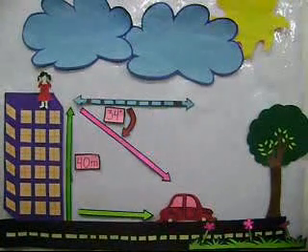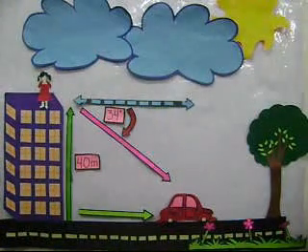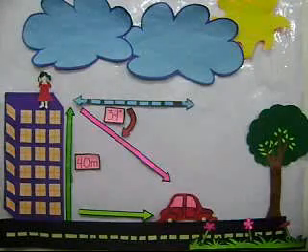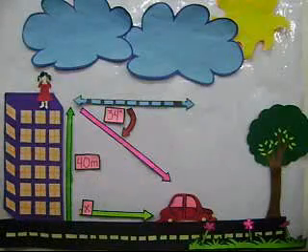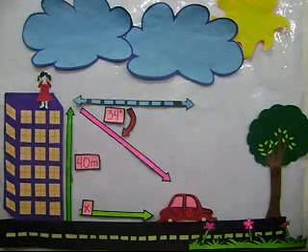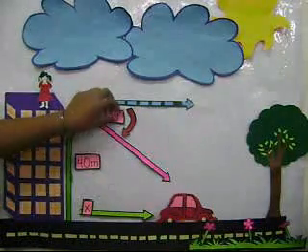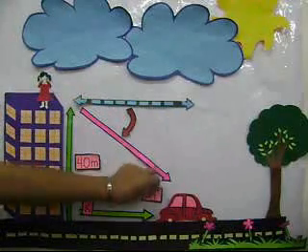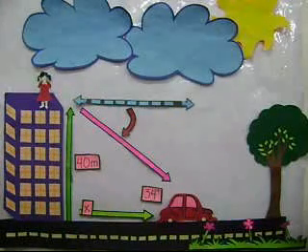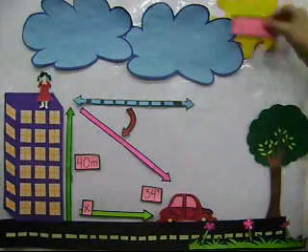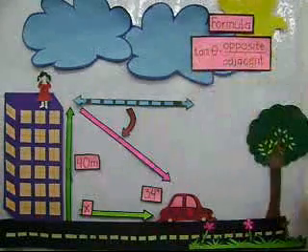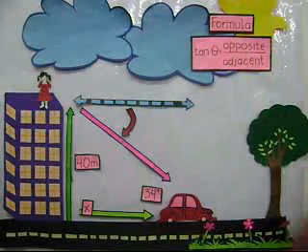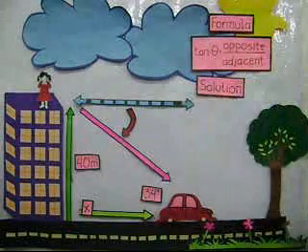To calculate the distance of the car from the building, let us denote it first as x. Since the angle of depression is congruent to the angle of elevation, we will substitute the value of the angle of depression for the angle of elevation, for us to use the formula tan theta is equal to opposite over adjacent. So by substituting, we now have tan 34 degrees is equal to 40 meters over x.